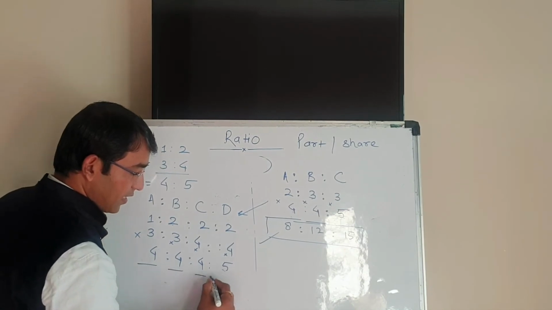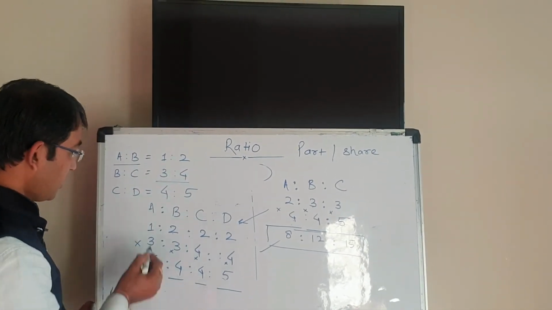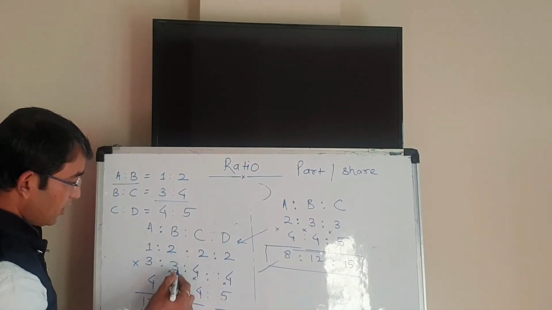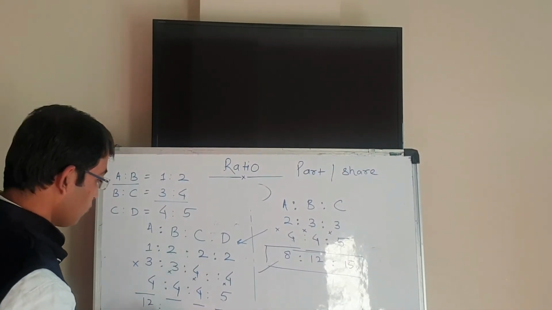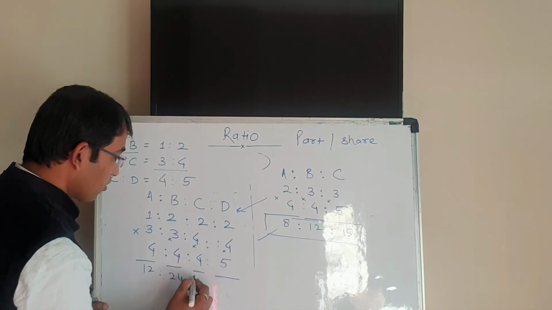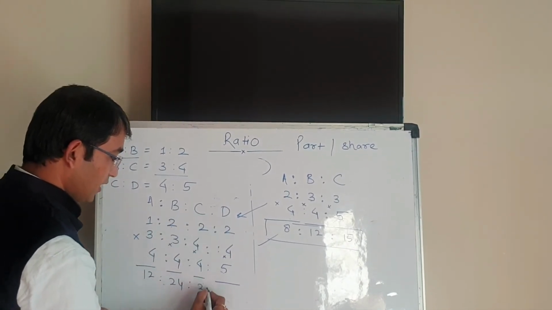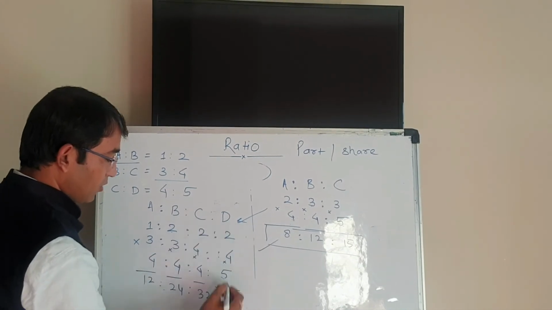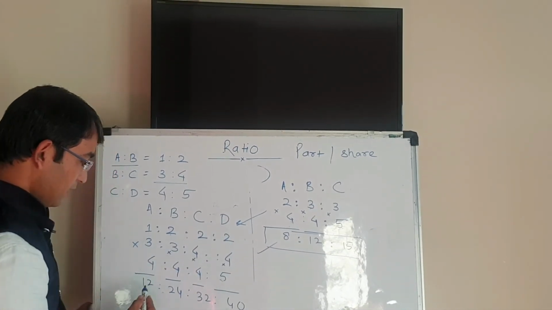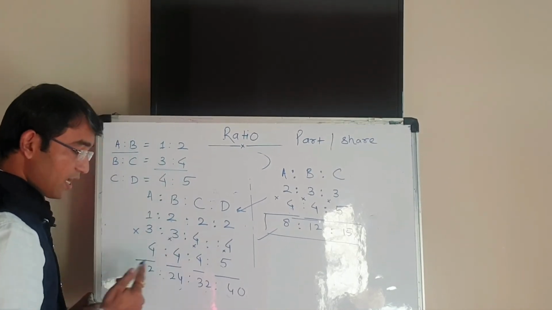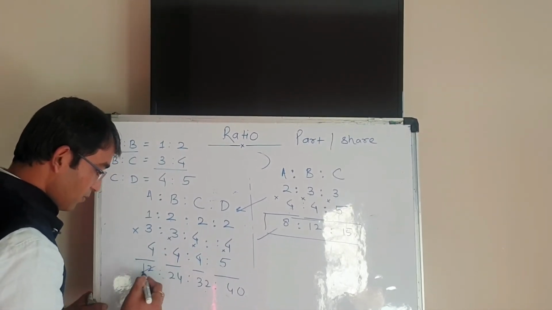So we will get A ratio B ratio C ratio D. So this is 3 into 4, 12. 4 into 3, 12 into 2, 24. 16 into 2, 32. 20 into 2, 40. And this is 12 ratio 24 ratio 32 ratio 40, and all are divisible by 2.